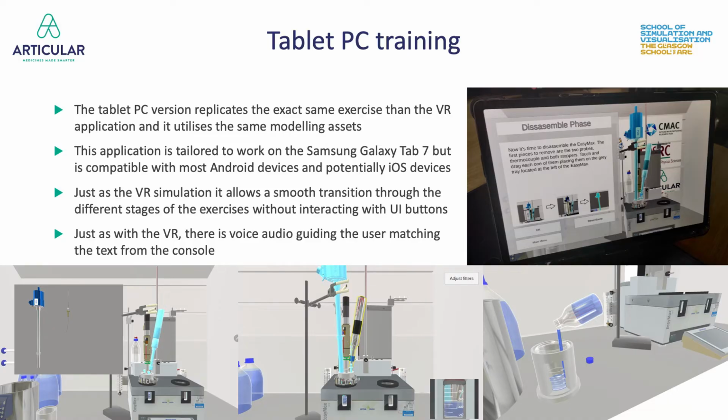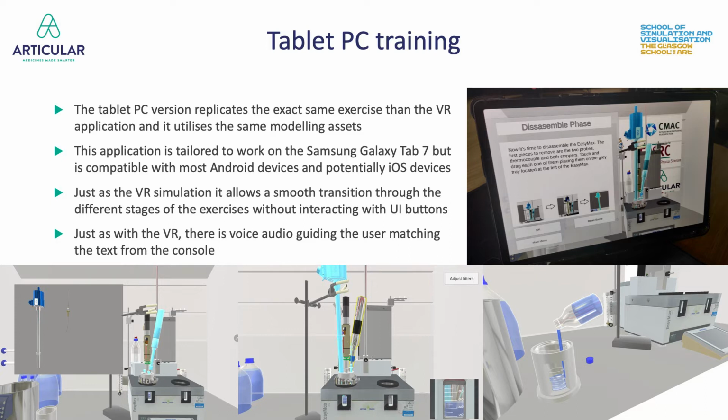Once we have the VR training developed, we also have to develop the tablet PC and the video tutorial. Now, the fact that these are three different technologies, three different media, we have to understand there are limitations to each technology, but the steps need to be exactly the same. So each one of these trainings reproduces exactly the same training.